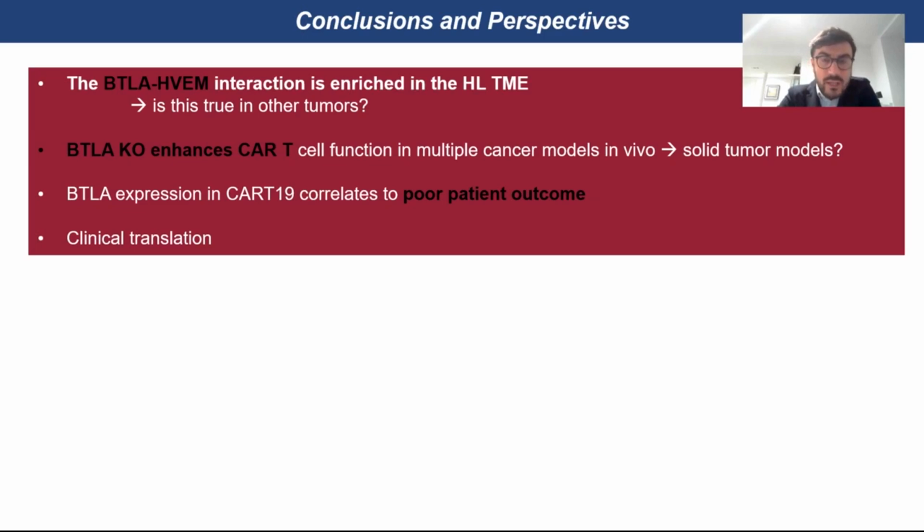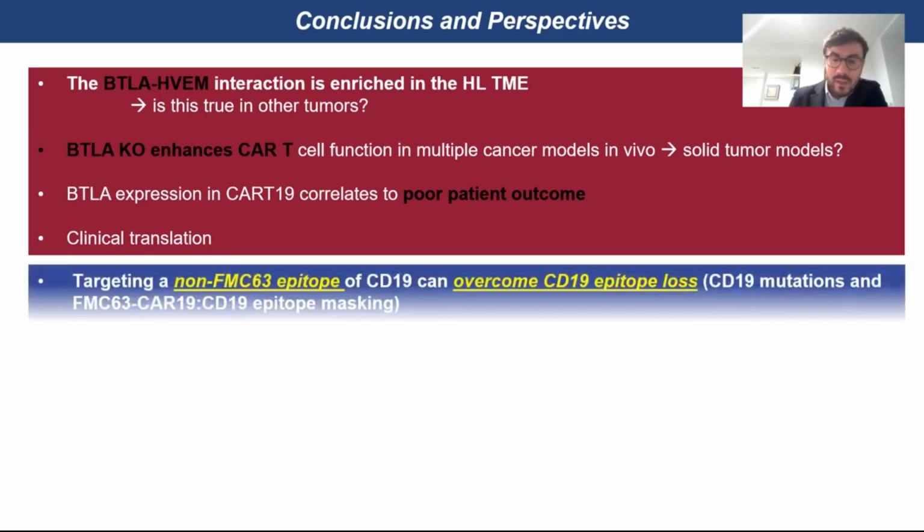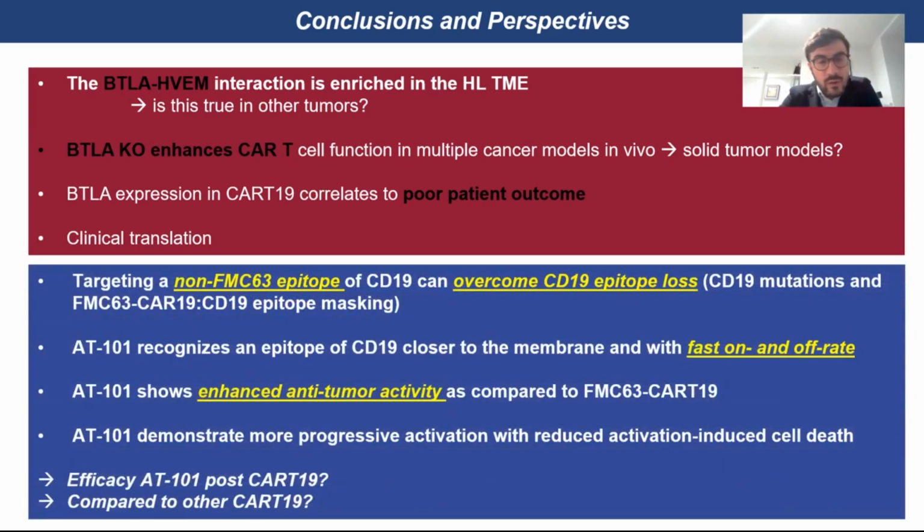But of course, the next step would be to bring this BTLA knockout CAR30 to patients in a phase 1 clinical trial. I then moved to the work of Yunlin Zhang and Ruchi Patel in my lab and the group at Abclon and the collaborators in Korea, where we developed a new CAR against CD19 that has shown beneficial effect in patient-derived tumors that have been shown to have mutation in CD19.